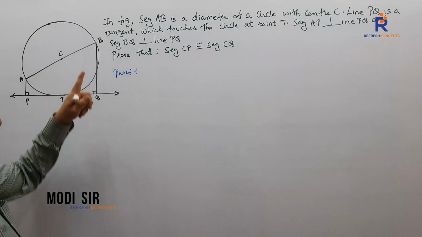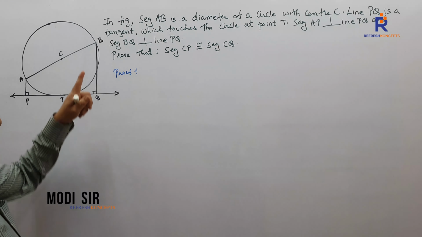So let me write down the entire congruency here. In triangle CTP and triangle CTQ, angle CTP congruent to angle CTQ. You can say each is 90 degrees. Further, segment CT congruent to segment CT. Why? Common side.